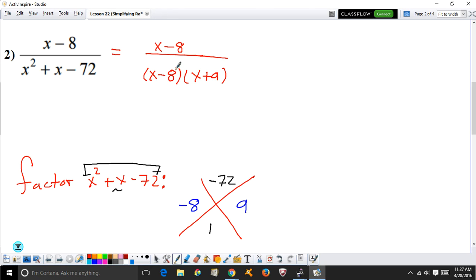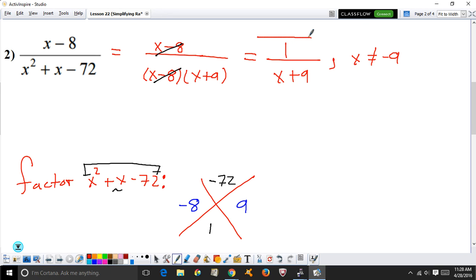Alright, so now that I have factor form, notice that the x minus 8 will cancel out. So now I have 1 over x plus 9. So this is our final answer, but I also need to exclude the number that will make the denominator equal to 0. So here the number that I need to exclude is negative 9, because if I make x equal to negative 9, I will have the denominator 0, and I don't want that.